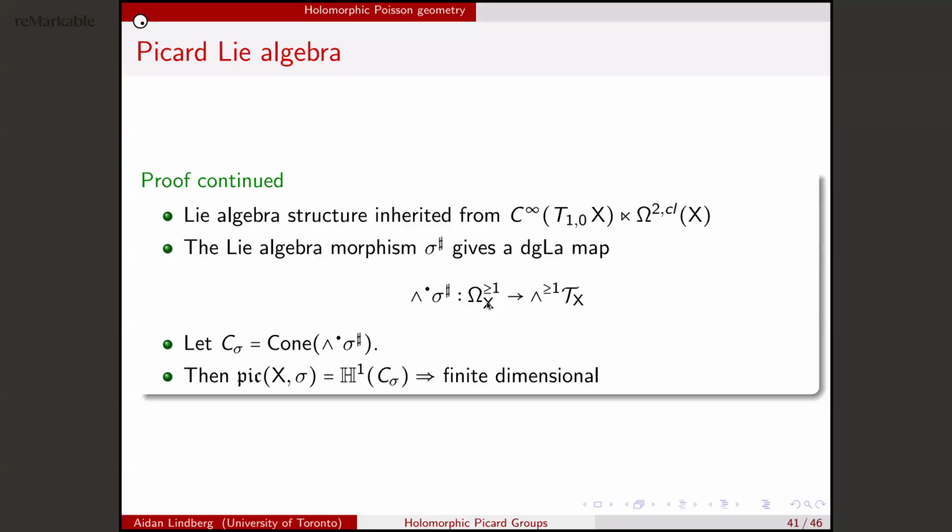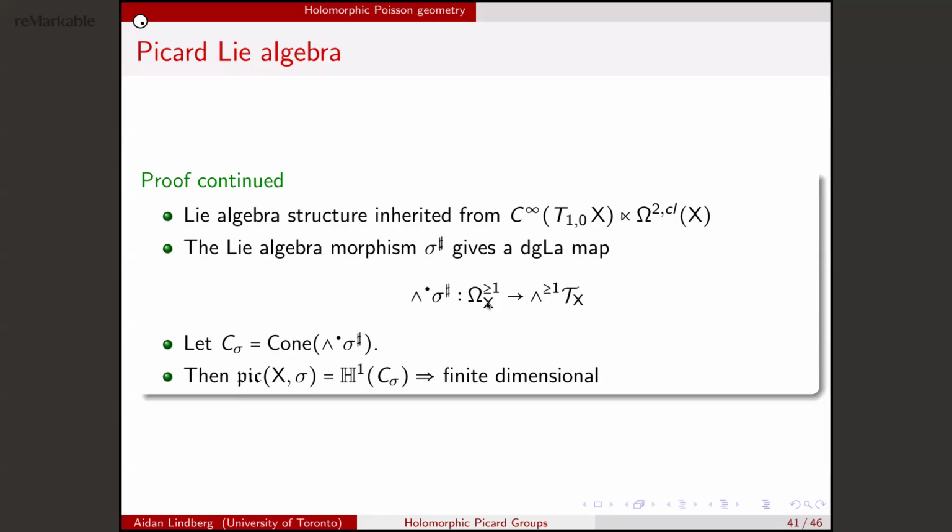So this Picard Lie algebra can be identified with the first hypercohomology group of this complex of sheaves, which, because it's a complex of coherent sheaves on a compact manifold, is inherently finite dimensional. So this is how working in the holomorphic category is giving us finite dimensionality.